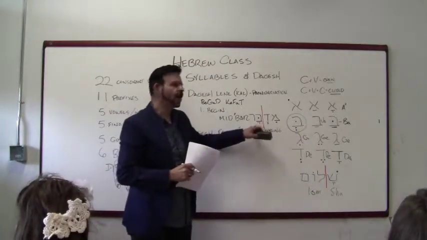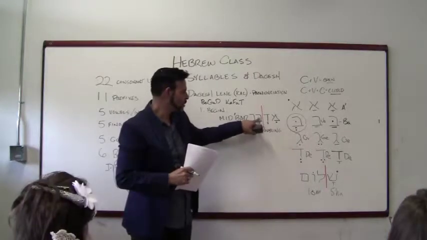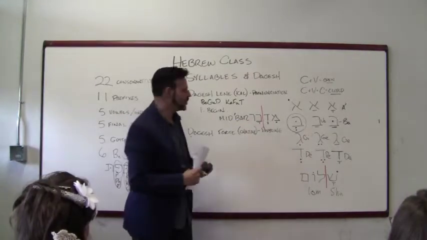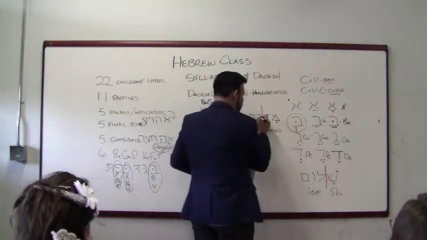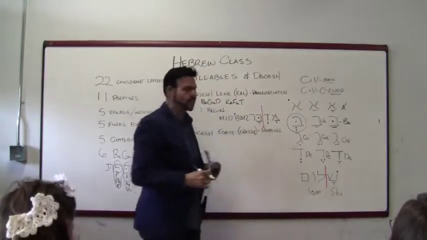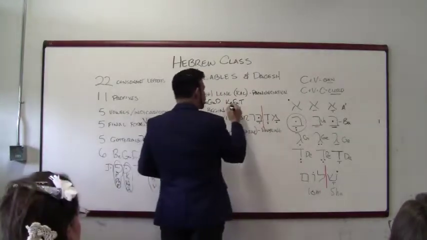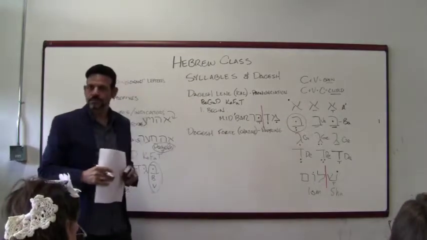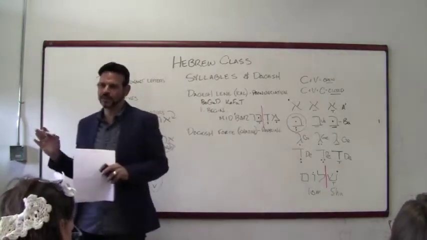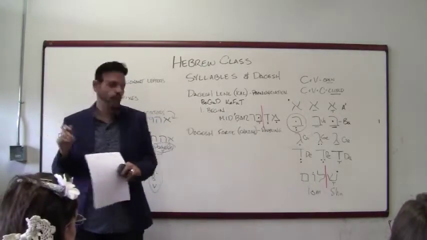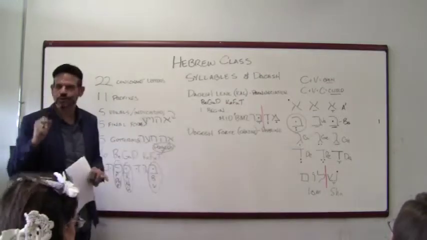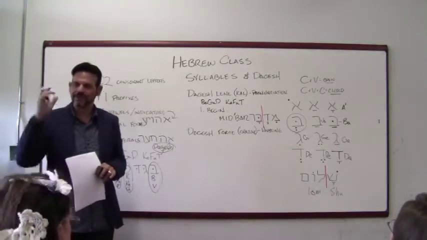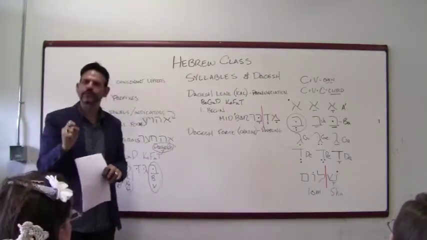Instead of midvar, if I had no Dagesh here, midvar. Right? But there's a Dagesh in here. Because this starts a syllable. So it's really the beginning of a word and the beginning of a syllable. The beginning of any new syllable, if it's a BeGaD KeFaT letter, one of these 6, it's going to strengthen the sound of that letter at the beginning of the word, at the beginning of a new syllable.